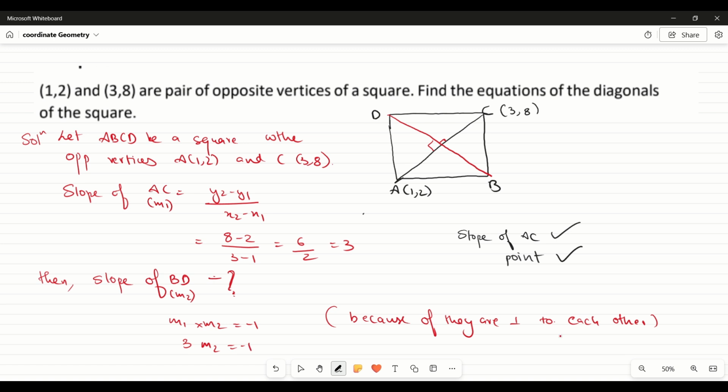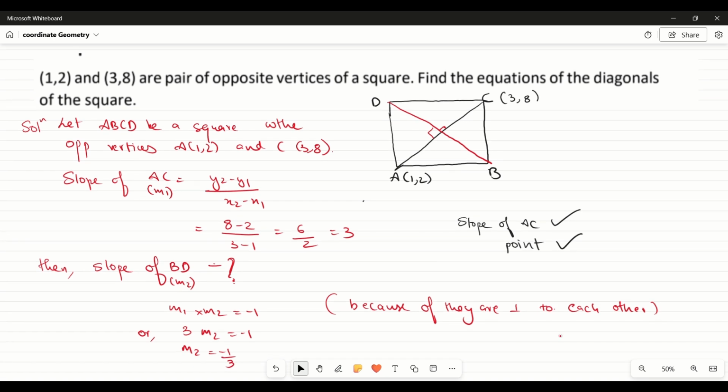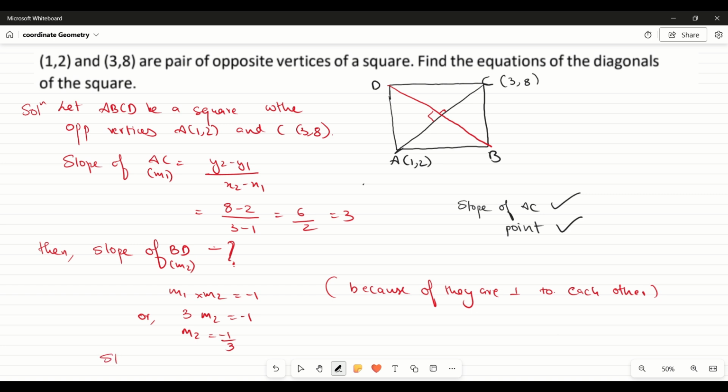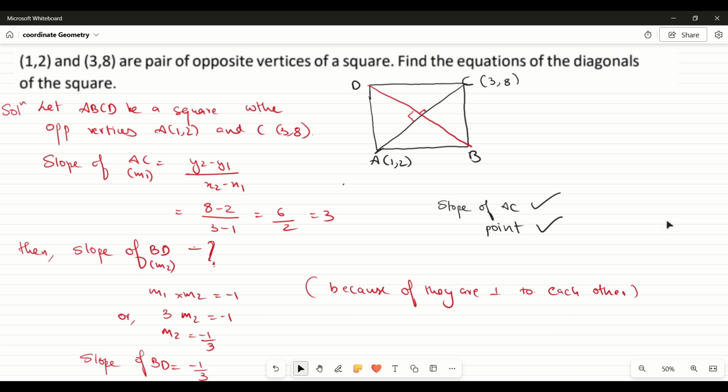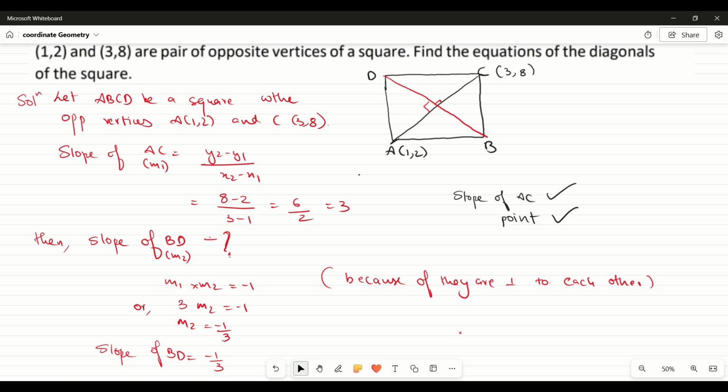So what will be the slope? m1 is 3, so m2 is -1/3. That means the slope of BD equals -1/3.